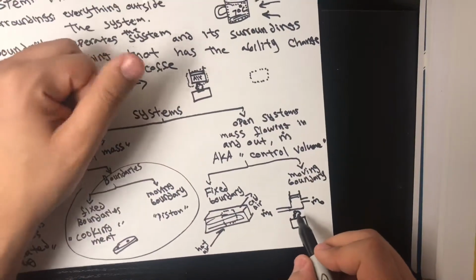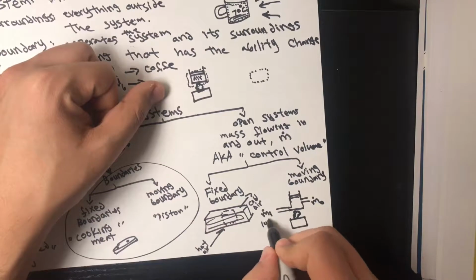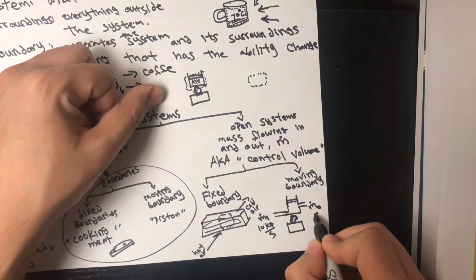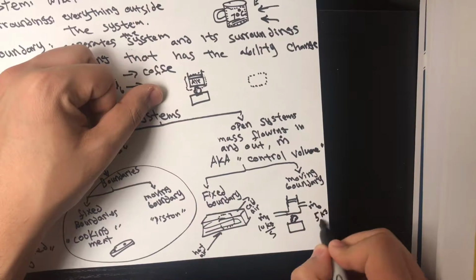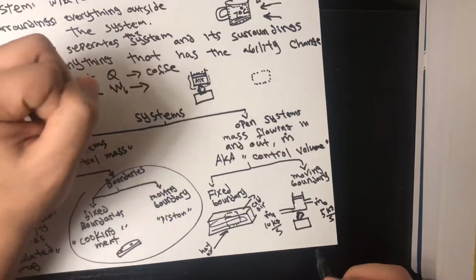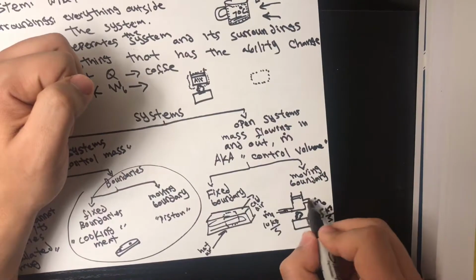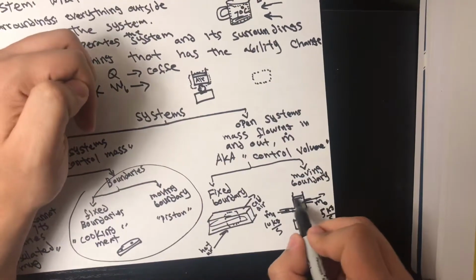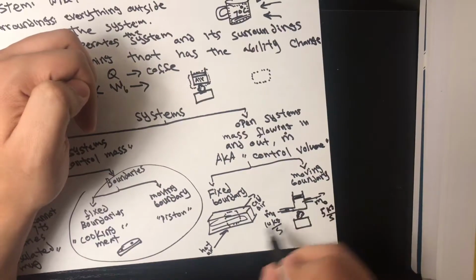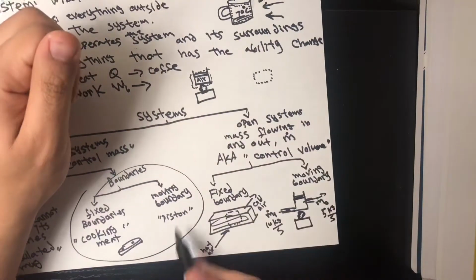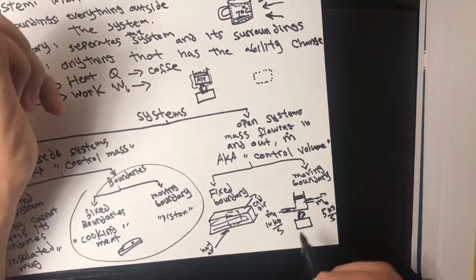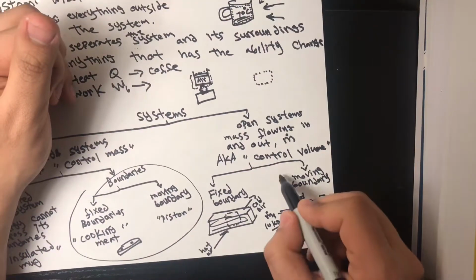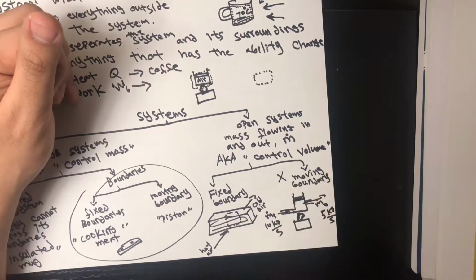So let's say the mass flows in at a rate of 10 kilograms per second, and it goes out at a rate of 5 kilograms per second. So that's your mass in, and that's your mass out, and you're also heating the system. So the boundary of the system is changing, similar to that situation from earlier for the moving boundary for the control mass. So in this case, this is a complicated system, and this is a system that we will not be considering for this course usually.